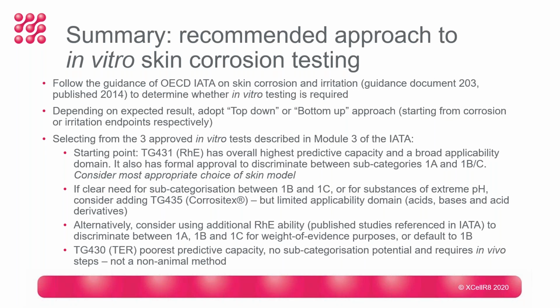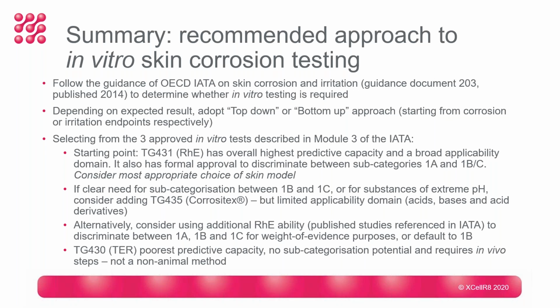So it is important, as I discussed earlier, to consider the most appropriate choice of skin model. If you do have a clear need for subcategorization between 1B and 1C, or for substances with an extreme pH, definitely worth considering adding Test Guideline 435 for Corrositex, but keep in mind that it does have a limited applicability domain.